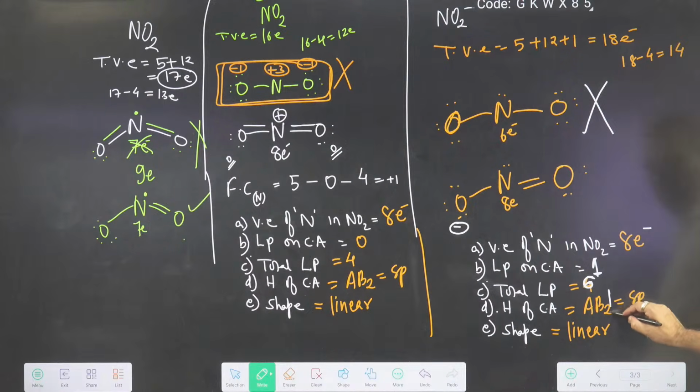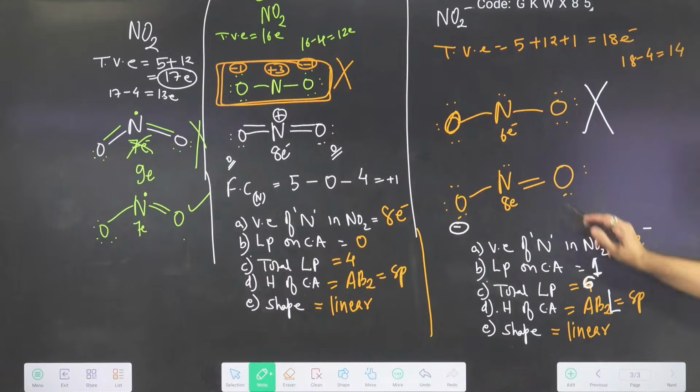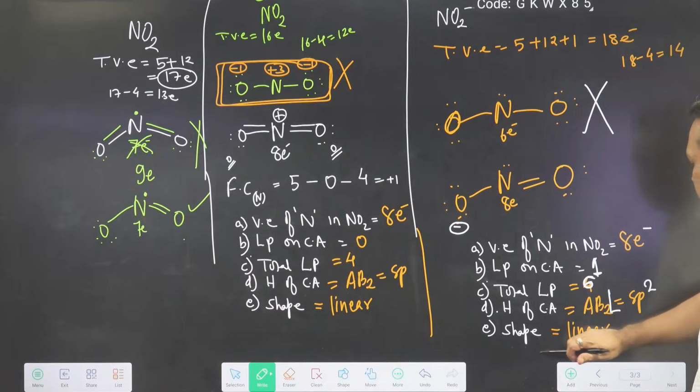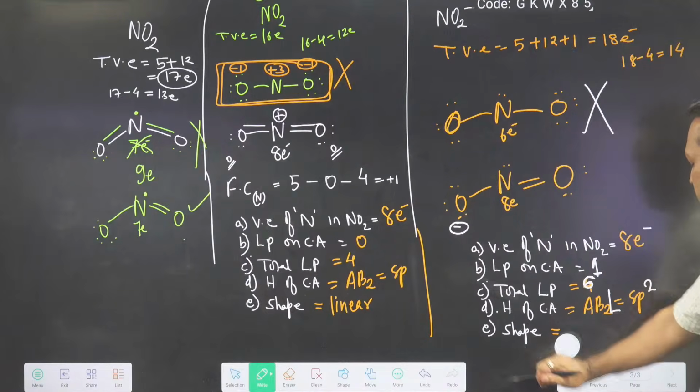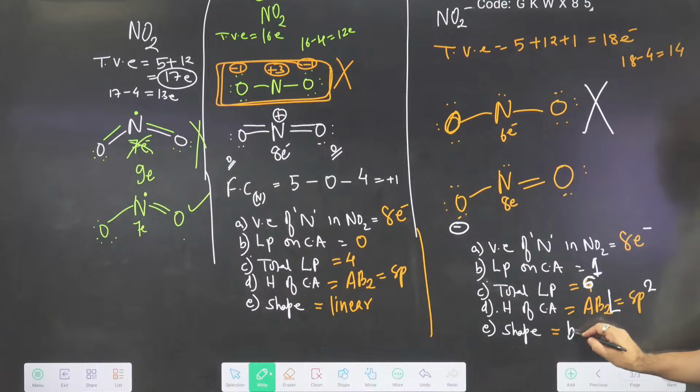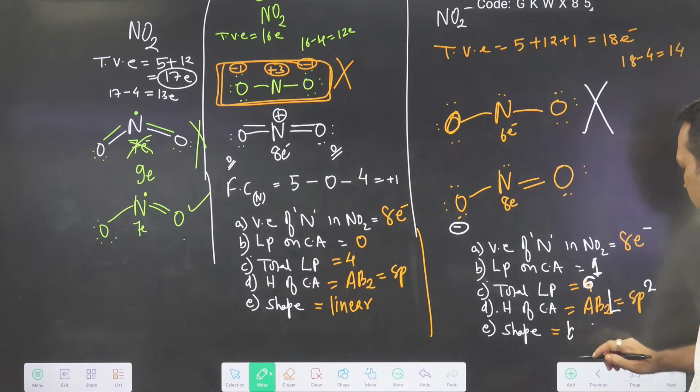This time it is AB2L. It is not AB2. The central atom has 2 sigma bonds and 1 lone pair. So sp2. The electron pair geometry should be trigonal planar, but the shape is bent. Clear? So these things we can tell. Correct for everyone?